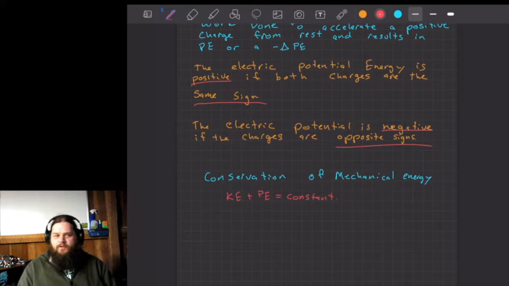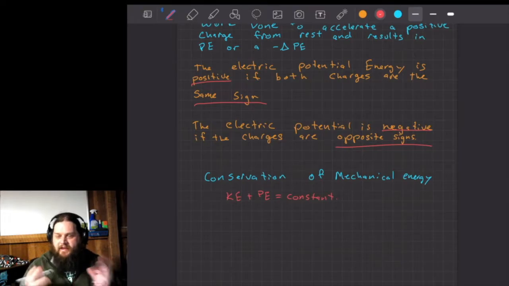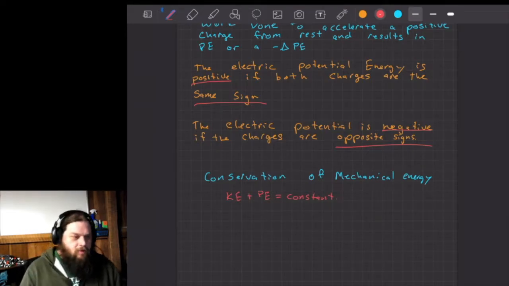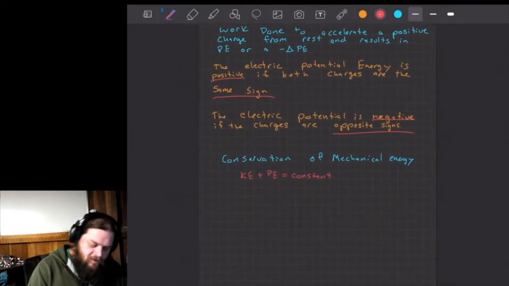That's going to be true with most systems that you see. There are lots of different types of potential energy. Here we're going to focus mainly on electrical potential energy and electrical potential voltage.